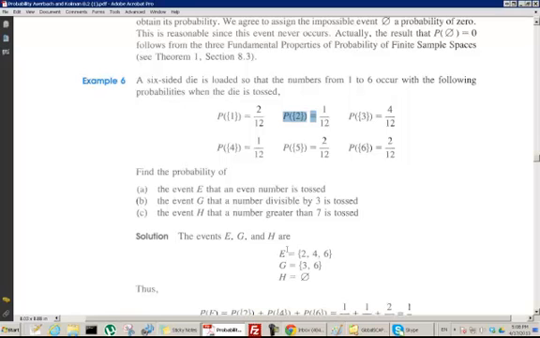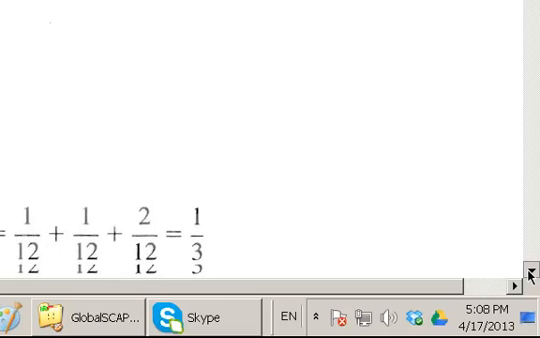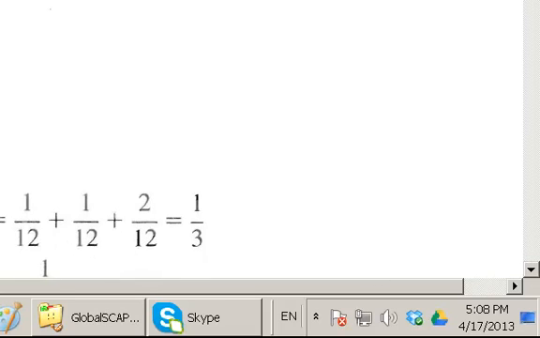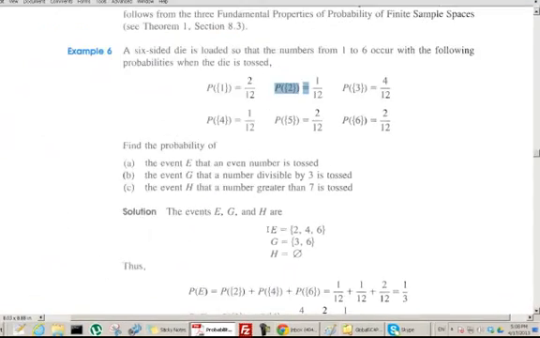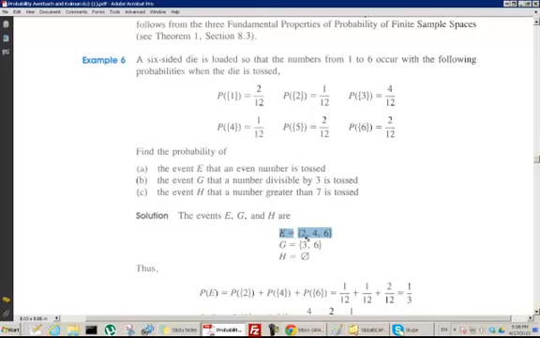So E is {2, 4, 6}, and so the probability of E is, as this principle says, to get the probability of the event, you sum up the probabilities of the individual sample points. So we sum up the probability of getting a 2 plus the probability of getting a 4 plus the probability of getting a 6. That's what they did here, here, and here.